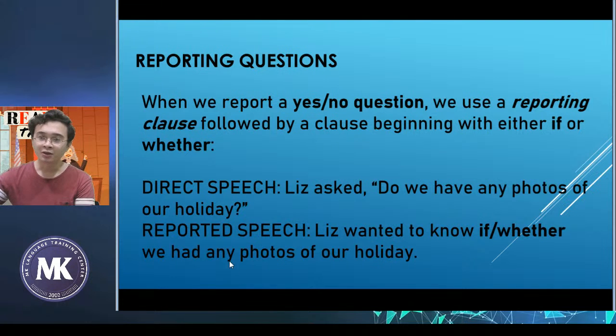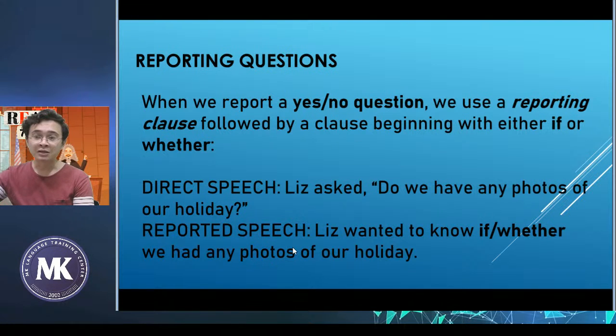So here, after if or whether is followed by subject plus verb again. And here, if you notice, we have do and have, right? But for reported speech, what happened? It becomes had only. So we don't really add the do forms of the verb. So we just follow the past of the word have to be safe in doing our reported speech.